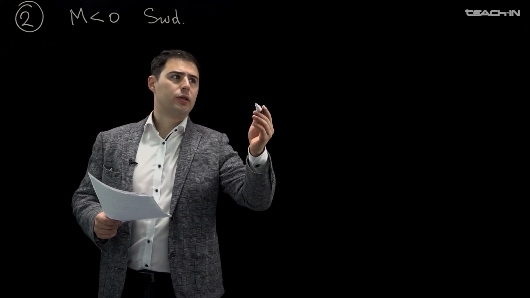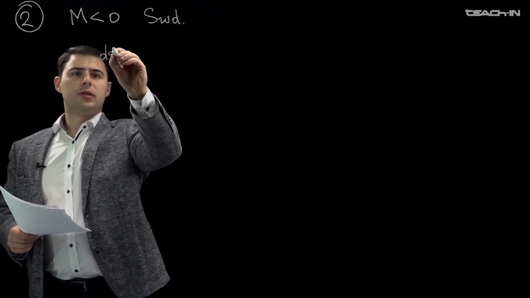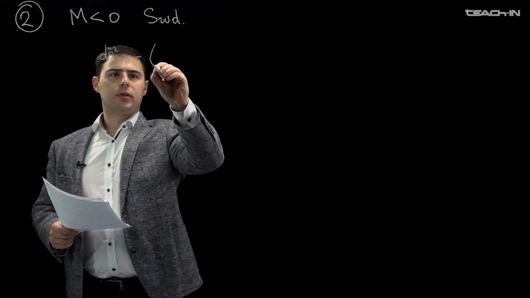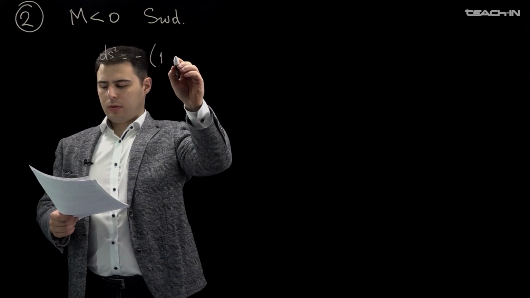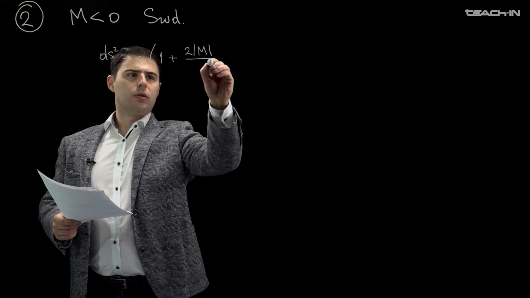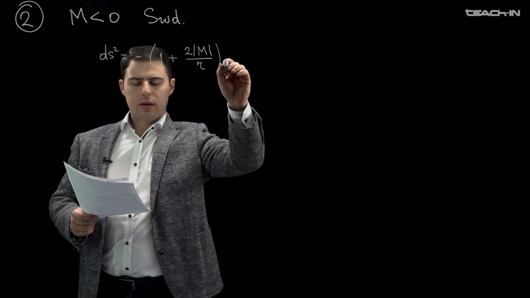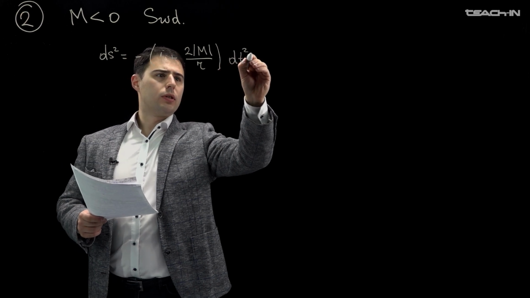The metric is given by ds squared equals minus (1 plus 2m over r) dt squared, and so on.